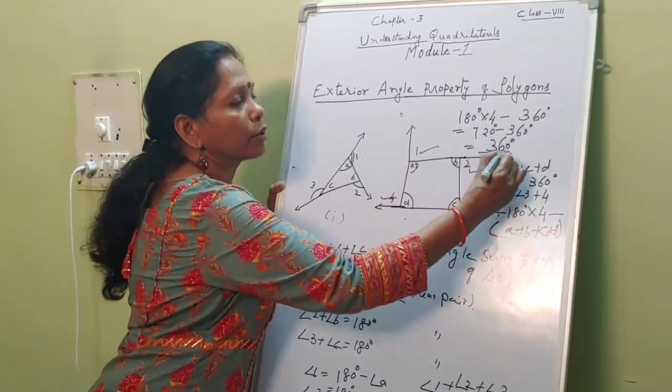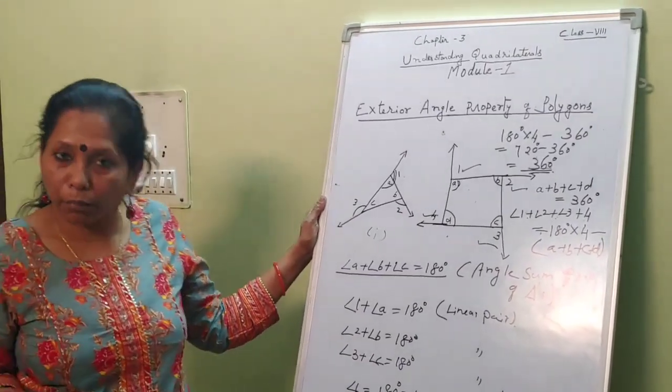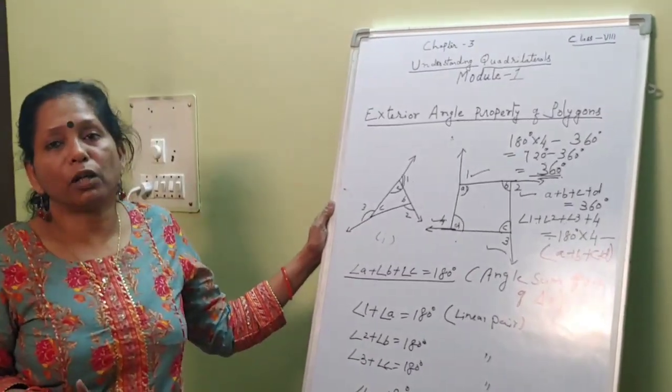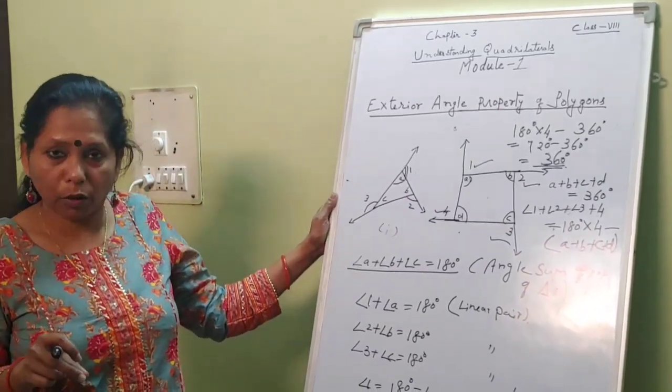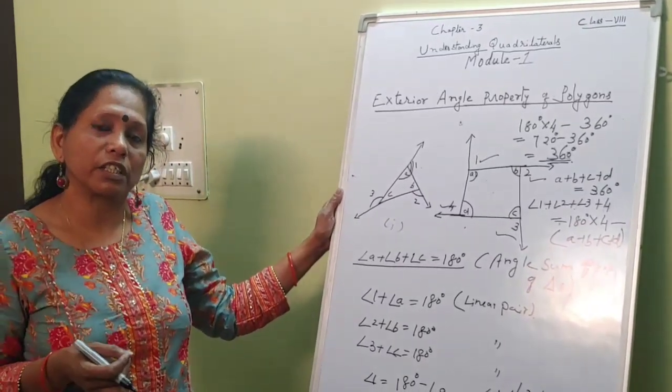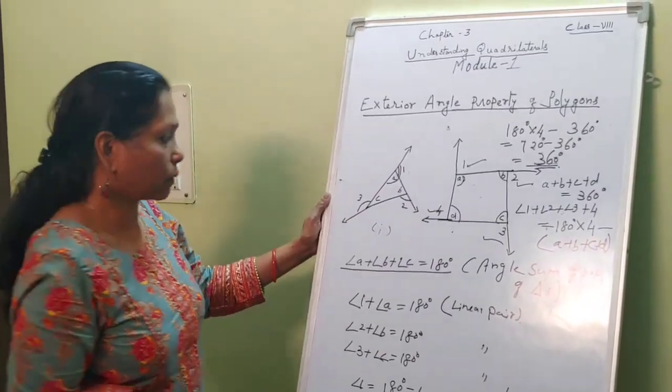So this concept you can use for finding out many problems like finding number of sides of a polygon, or finding the measure of each interior angle of a regular polygon, or sum of interior angles of any polygon.